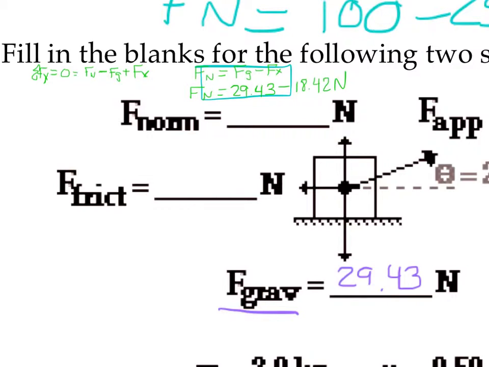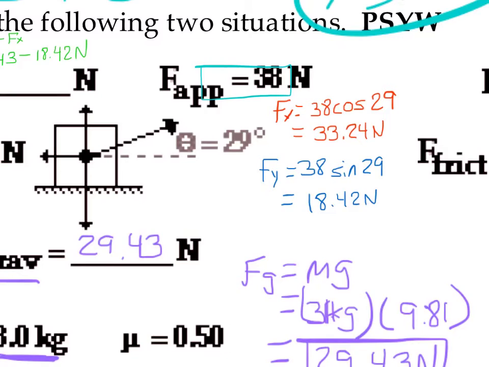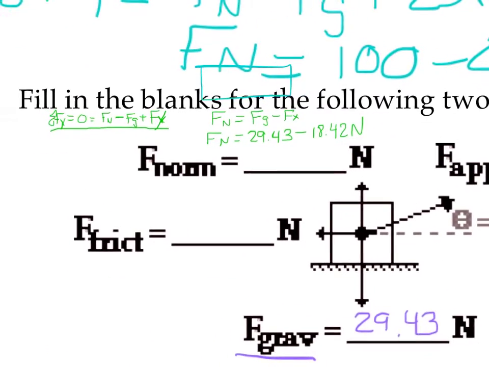The way we find our normal force is, remember that our net force in the y direction should equal 0. If we look at all our forces in the y direction, that means this has to equal 0, which means the normal force, which is positive, minus the force of gravity because it's pointing down, plus the y component of our applied force, which is positive because it's pointing up, has to equal 0.